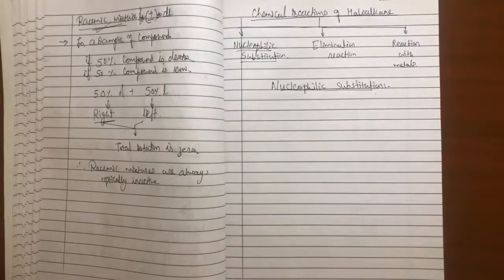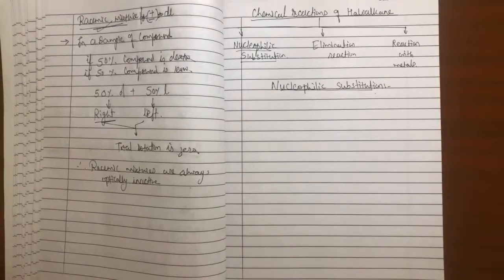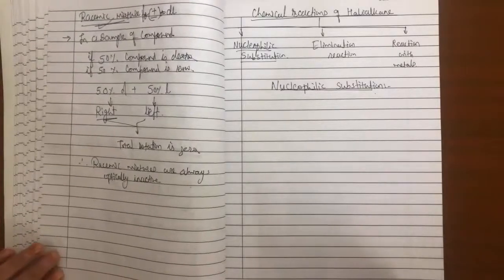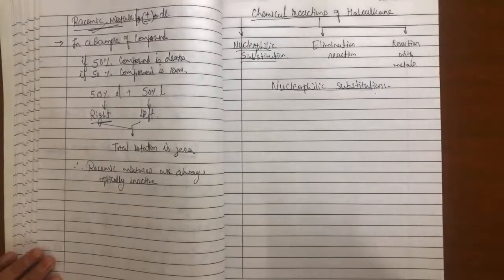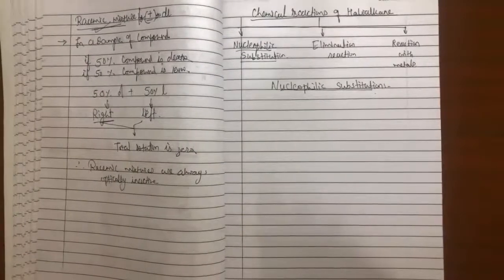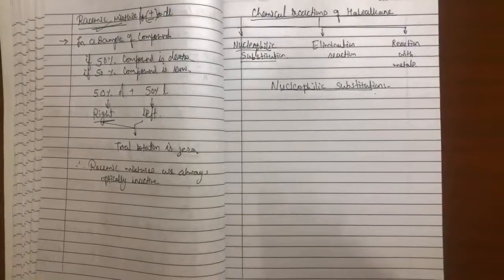Substitution reaction means we have something present, and at that place we remove something and add some new element. Suppose we are replacing hydrogen with halogen, that is also a kind of substitution reaction. So substitution means we have to replace one element or group by another element or group. That is what a substitution reaction is.